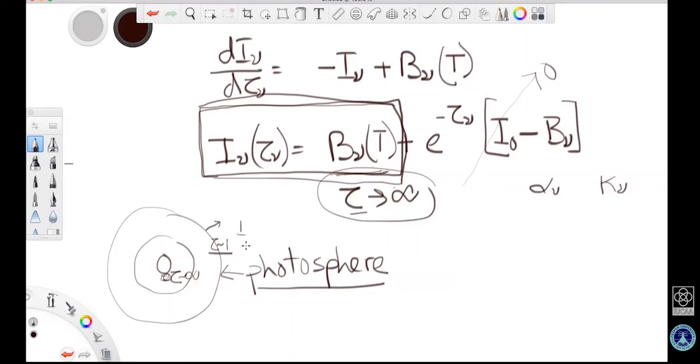Deep inside the star, optical depth is very large. As I go towards the outer layers, optical depth decreases, and as soon as I hit an optical depth of 1, there is a substantial probability for the photons to escape. And that's what we see.